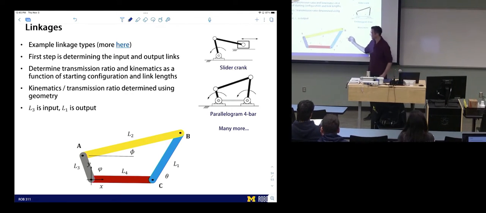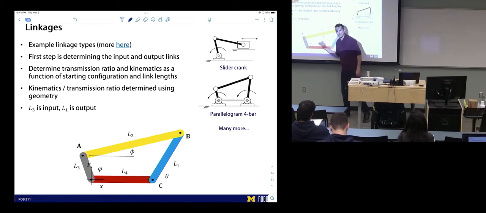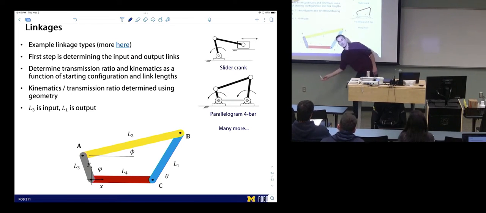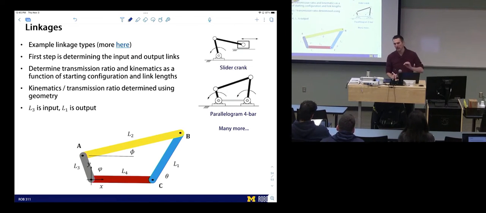We could define something called instantaneous center of rotation that describes the relationship between the rotation of these two links, but we didn't talk about that. If you follow this down and that down, they're instantaneously rotating about a point down there. Are you talking about that, or something else?